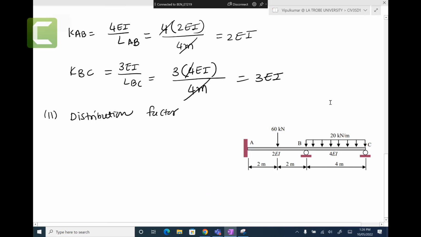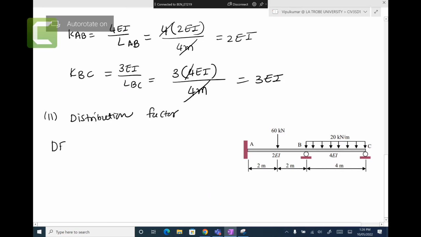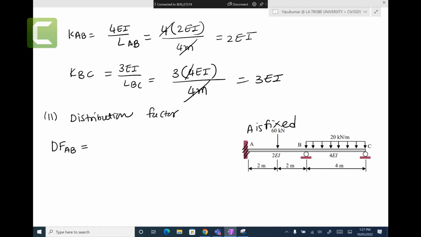So member AB, distribution factor of AB. A is fixed. What is the distribution factor for A, or distribution factor AB? Fixed support.